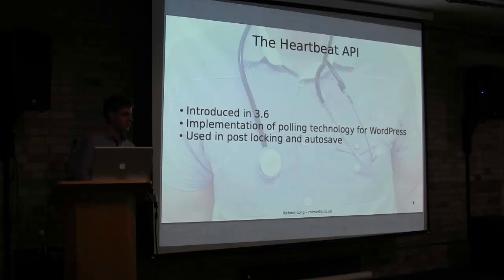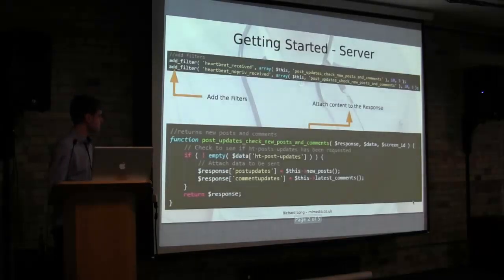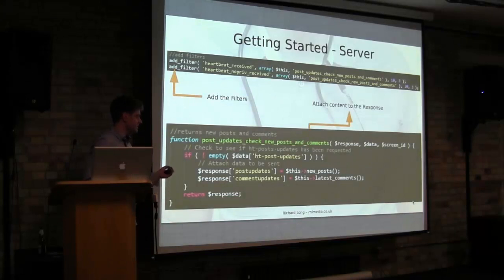So to get started with the Heartbeat API, you basically need two elements. That's some configuration on the back end, and then also some code on the front end. So we'll look at the back end first of all. And this is all you basically need to get started on the back end, on the server side of things.